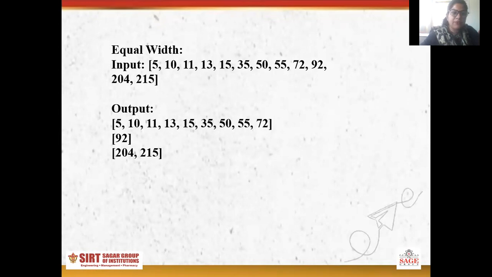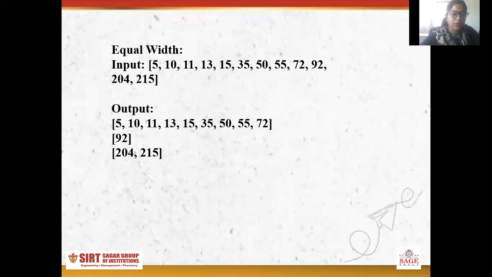Then again, the remaining numbers will be 92, 204, 215. So 215 minus 92 divided by 3 will give you about 41. All the numbers which are less than that will be in one bin, which is only 92. So 92 is in another bin. For the last, we do the same thing: 215 minus 204 divided by 3.